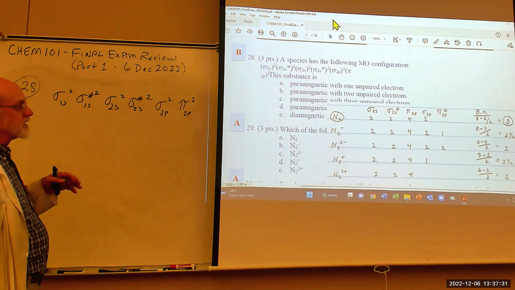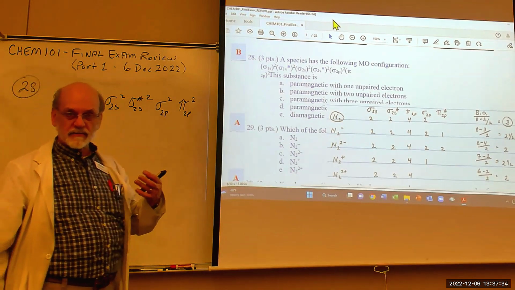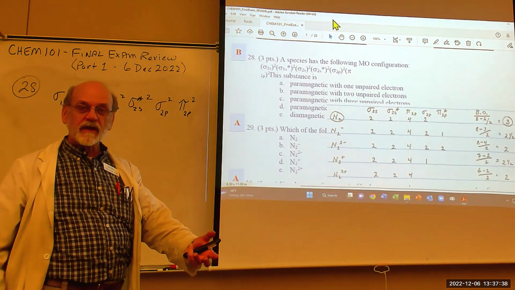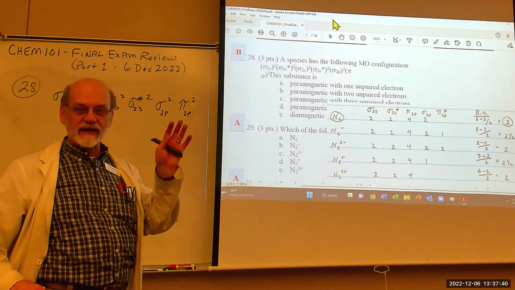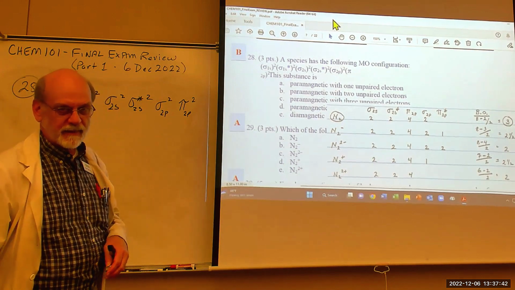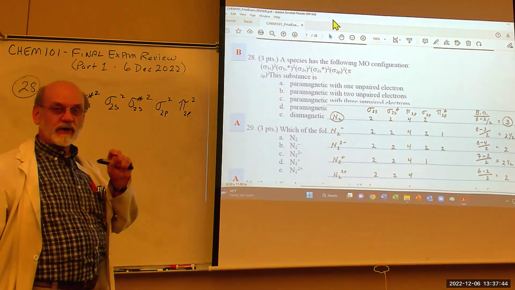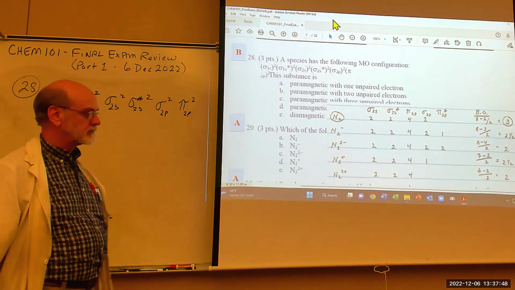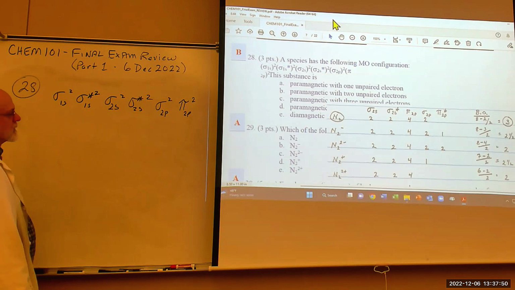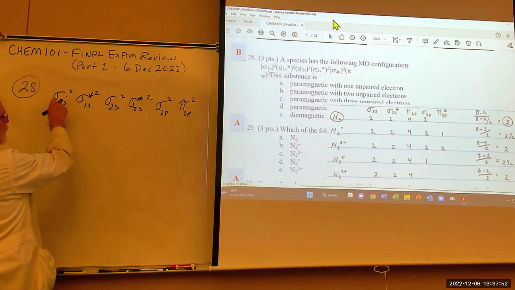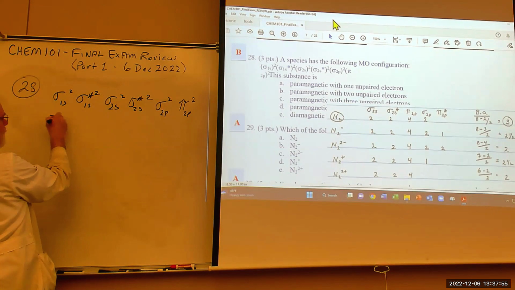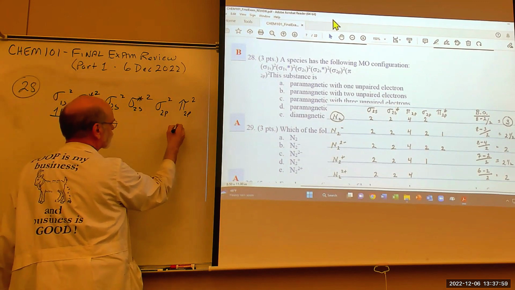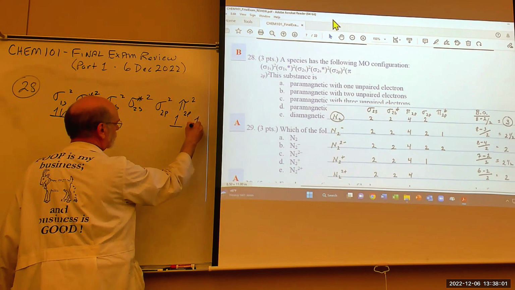So how do we tell if it's paramagnetic, drawn into a magnetic field, or diamagnetic, repelled by a magnetic field? Paramagnetics have unpaired electrons. Diamagnetics have all paired electrons. So you can only have 2 here, so those are paired, right? We would write them like that. Each one of these are paired. How about this one? Right.